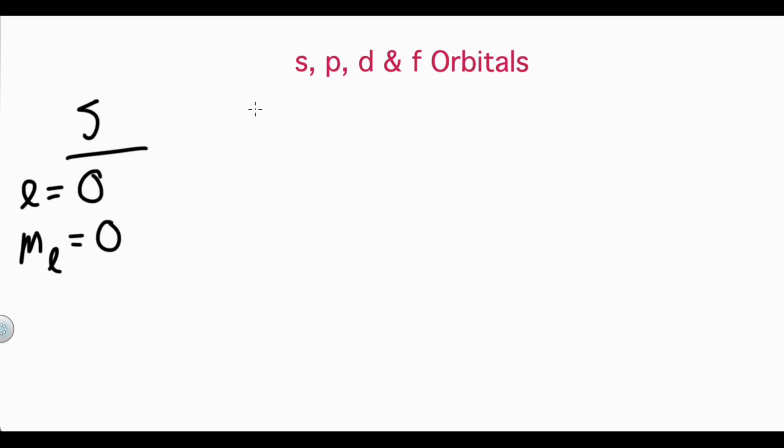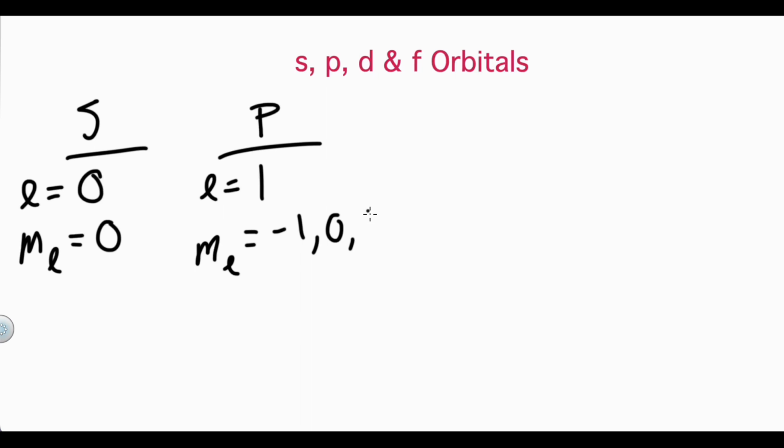And for the p orbital, because L equals 1, ML can equal -1, 0, and 1. So it has 3 values. I'm going to write 3.